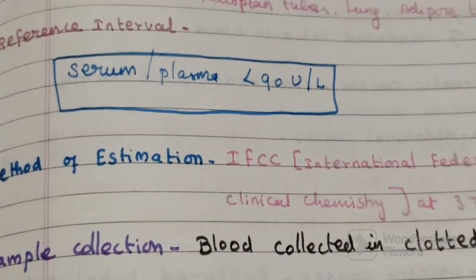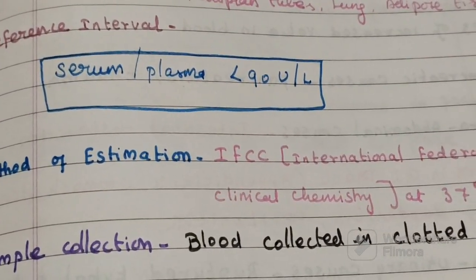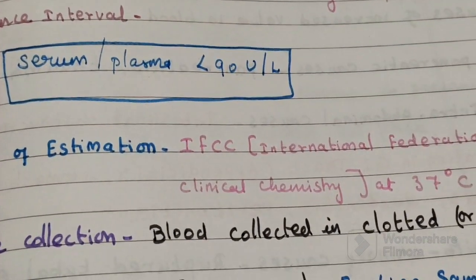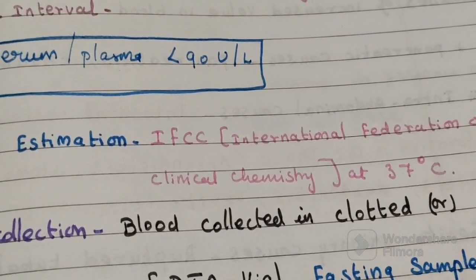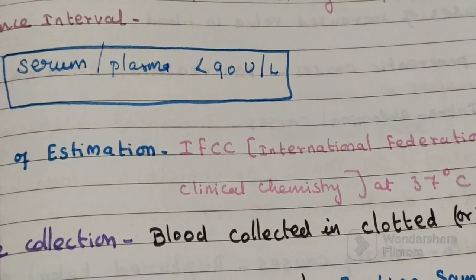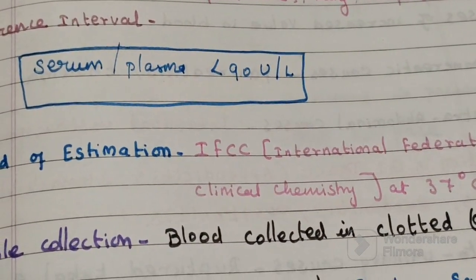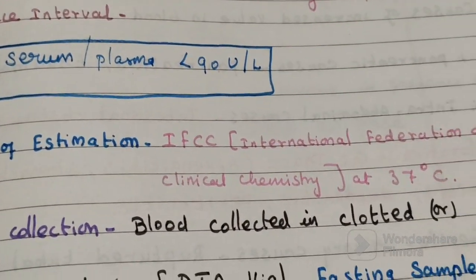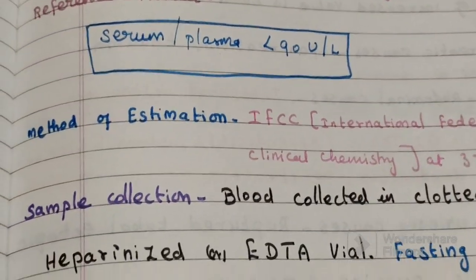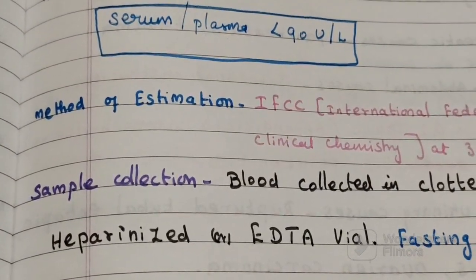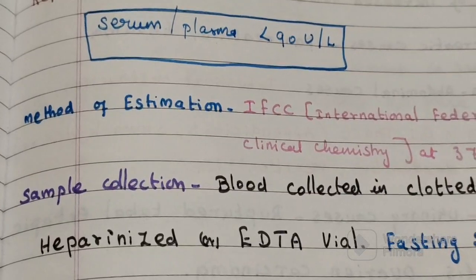Next, method of estimation of amylase: IFCC method at 37 degrees Celsius. IFCC, International Federation of Clinical Chemistry method at 37 degrees Celsius. Next, sample collection.